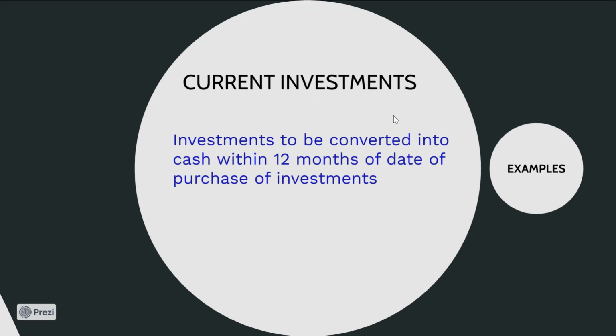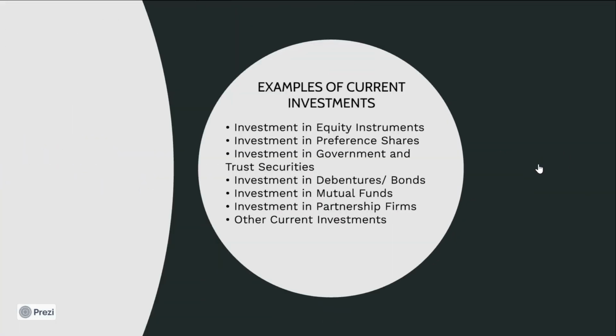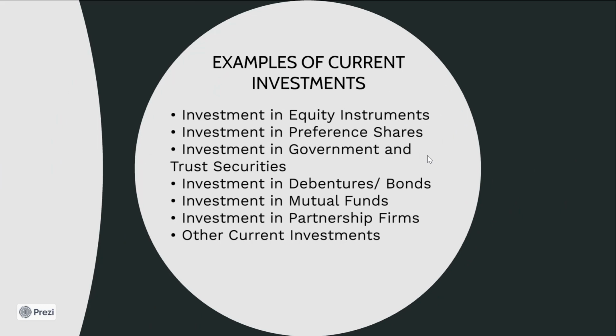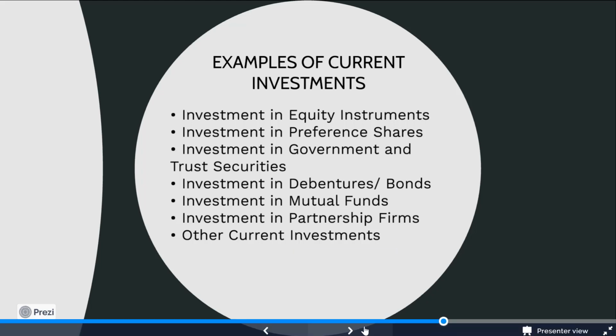These are investments which have to be converted into cash within 12 months of the date of purchase of the investment. Examples include investment in equity, investment in preference shares, investment in government and trust securities, investments in debentures or bonds, investment in mutual funds, investment in partnership firms, and other current investments.